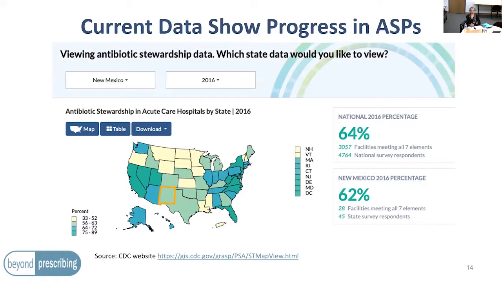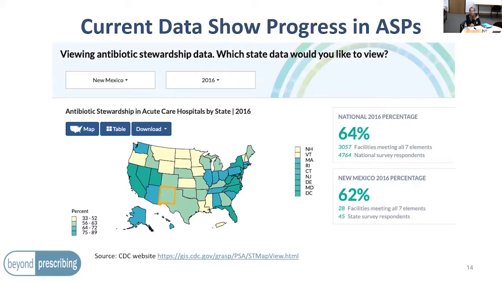What is exciting is that only 2 years ago, these measures of how much stewardship was in place were only in about the 40%. So those were only 40-something% of acute care facilities met all 7 elements for antimicrobial stewardship, and now it's up about 20% in 2 years.